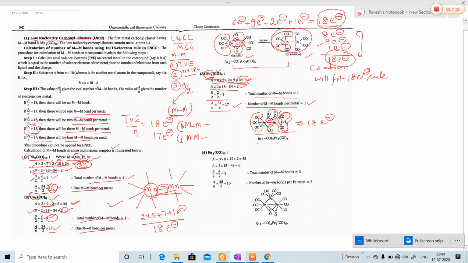We can write it as (mu2-CO)3 Fe2(CO)6. The 6 carbonyls are at the terminal positions and 3 carbonyls are at the bridging position.